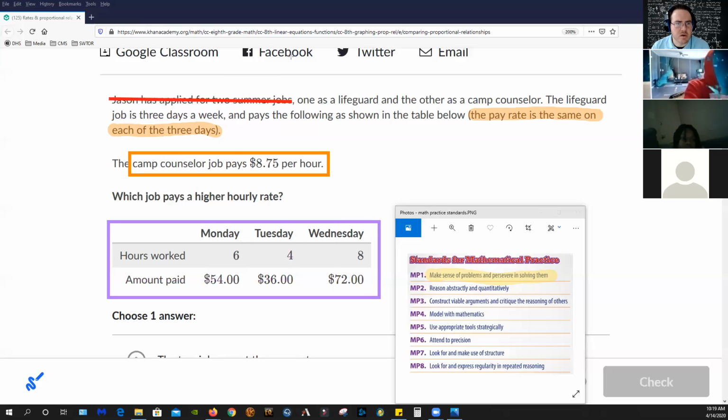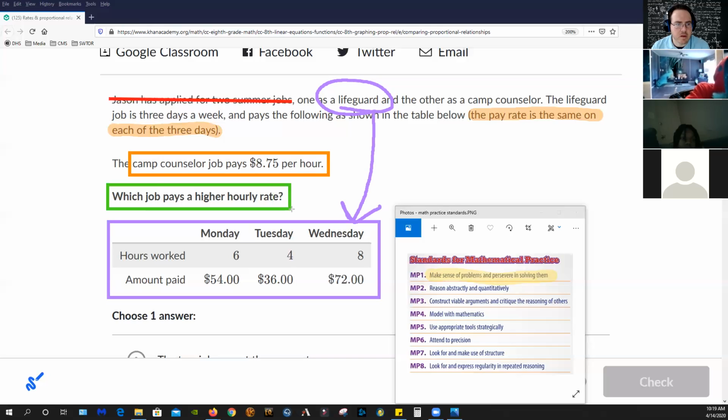What you're supposed to understand is that this chart down here is the lifeguard. And the question, which we should always look for early, is which job pays the higher rate? I'm going to give you guys a minute while I turn the air conditioning up.